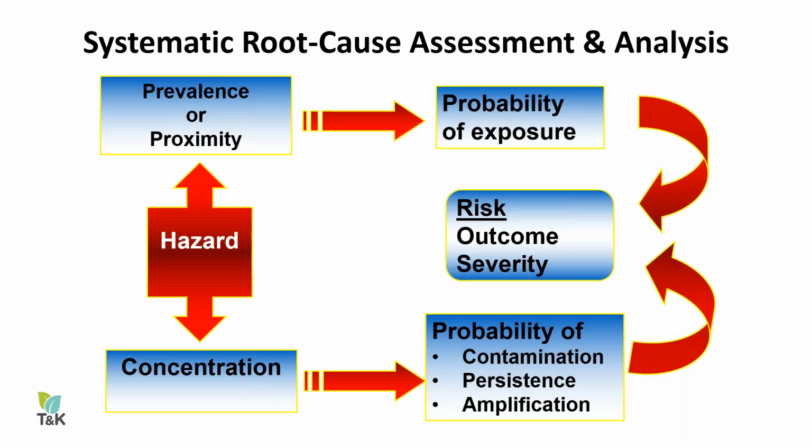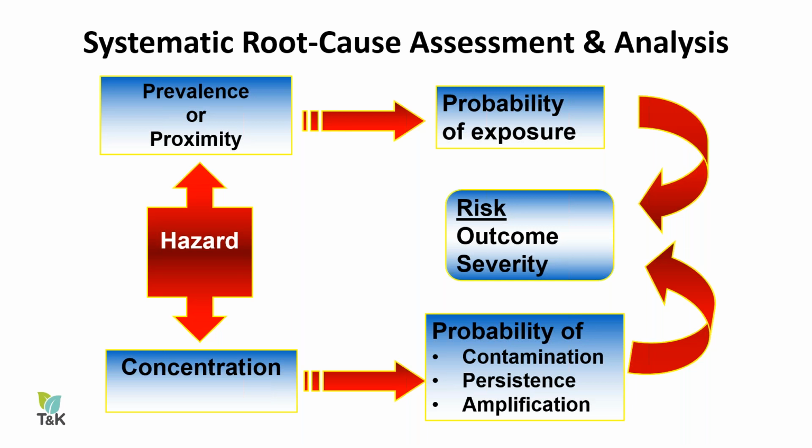So I've put this together as a way to say that a lot of times systematic root cause assessments and analysis, sort of reverse engineering up front, can give you a better sense of the risk, and that can often help during the actual root cause analysis, when you have to go back and lay out the different predicating factors that might have been involved.